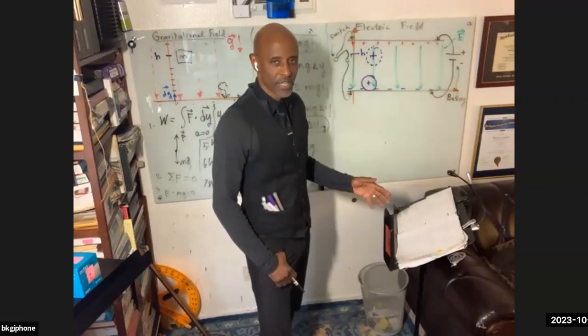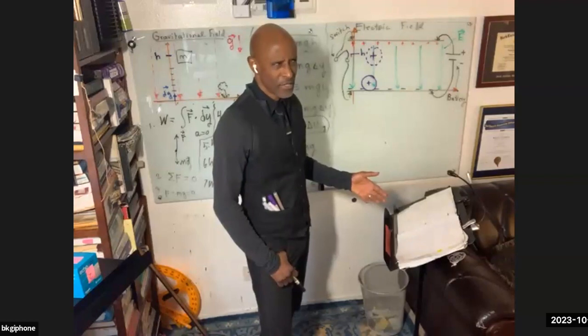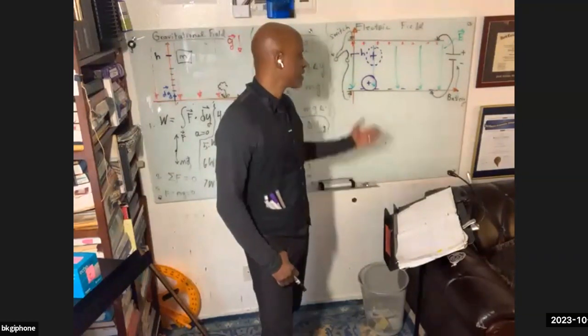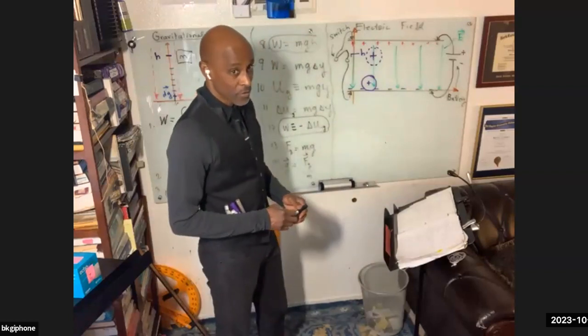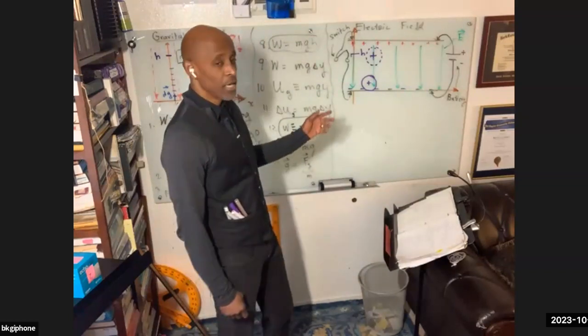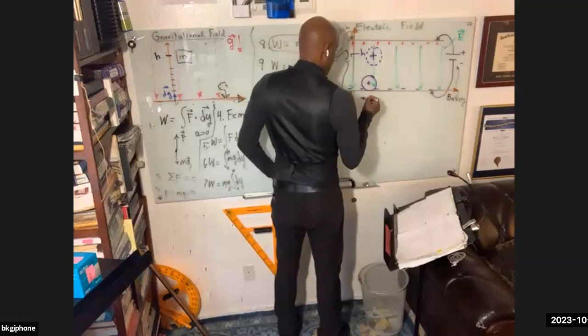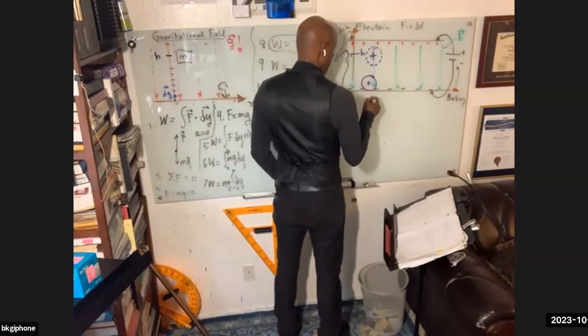I think it's either 10 or 100, I think it's 10,000 times. So basically, we can say that gravity, the weight, is negligible here. I only need to worry about the electrostatic force. So we'll say the gravitational force is negligible in this situation.